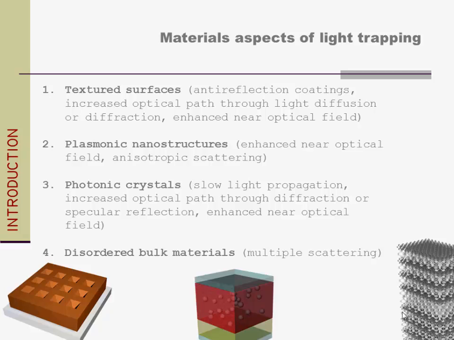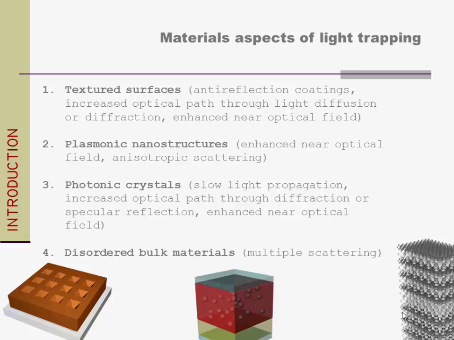Well, these are the strategies, and the materials that we need to achieve these are of very different kinds. It's quite common in the field of photovoltaics to use textured surfaces. Textured surfaces can be used to achieve anti-reflection, and can be used to increase the optical path. Let's say I have a textured surface that doesn't have order, right?